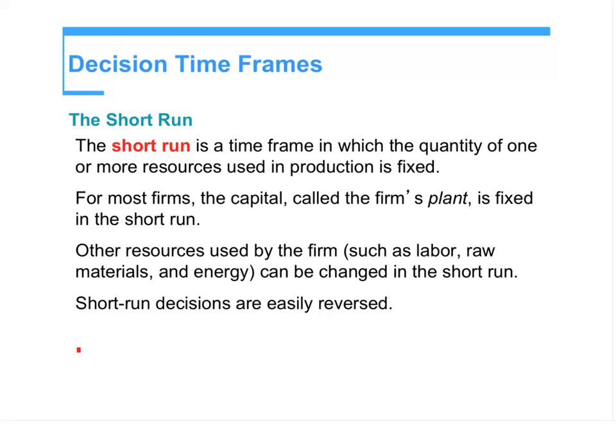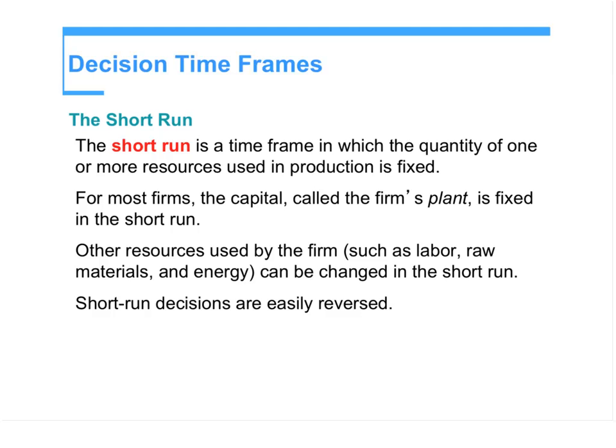What do we mean by short run? What does it take for a decision to be considered a short run? The short run is a time frame in which the quantity of one or more resources used in production is fixed. So basically, the short run does not give enough time for the quantity of one or more of the resources used in the production of that same product to change, so they stay the same.